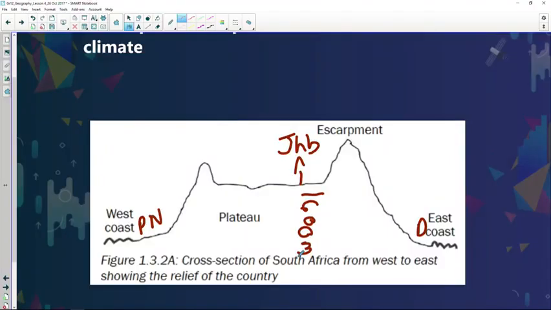Now, the rule of thumb goes as follows. For every single 100 meters you increase in altitude, the temperature decreases by 1 degree. So that means for every single 100 meters we go up in altitude, the temperature decreases by 1 degree.